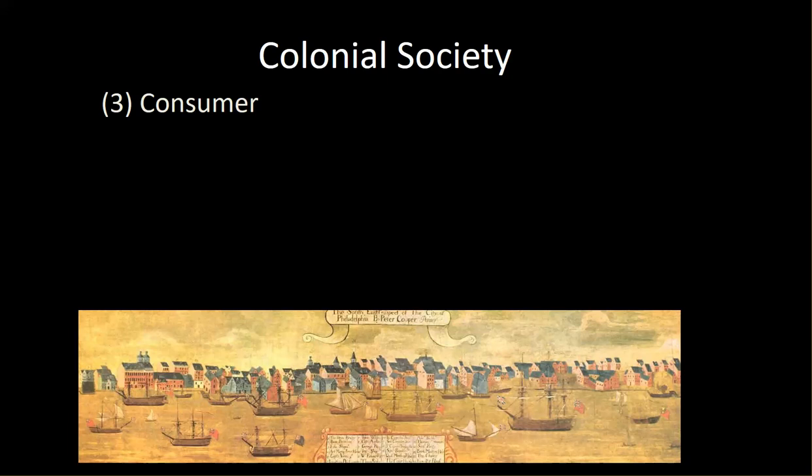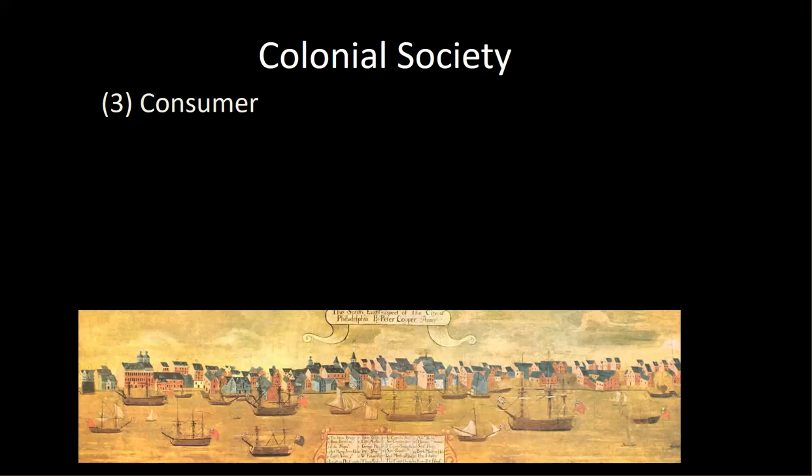In the port cities especially, but also in smaller inland towns, we see shops springing up and British merchants supplying colonial peddlers with loans that would let them import more and more goods from around the world. Now, our modern idea of consumerism, with mass production and mass advertising, obviously didn't exist.